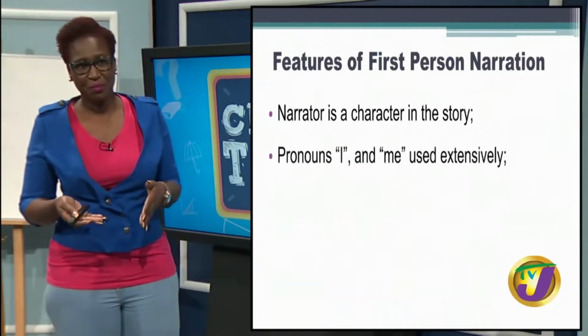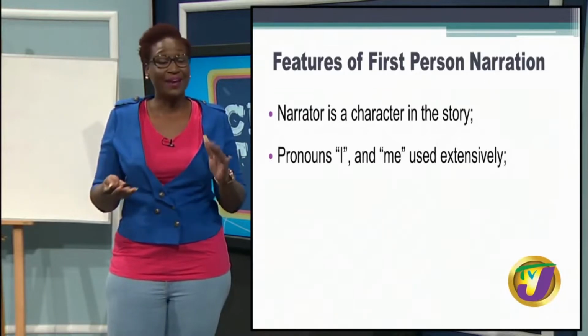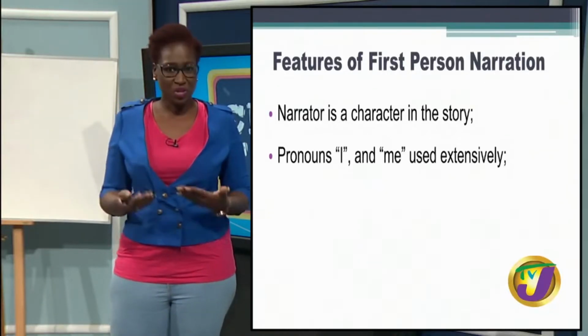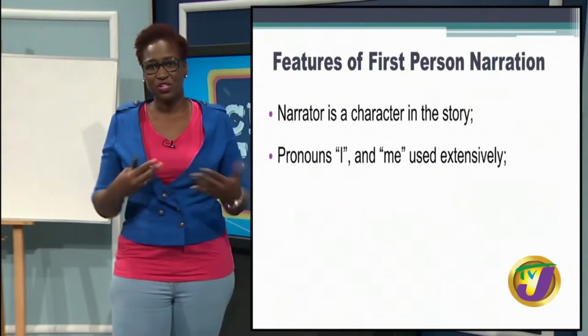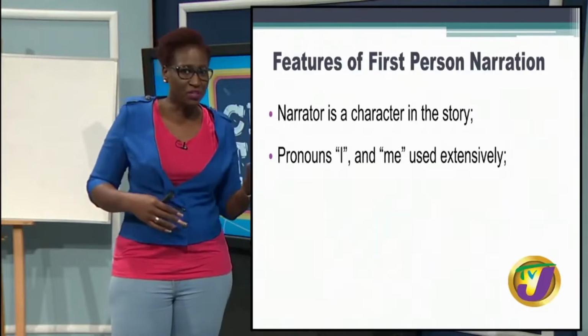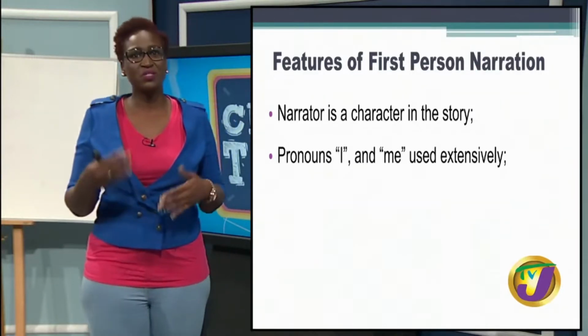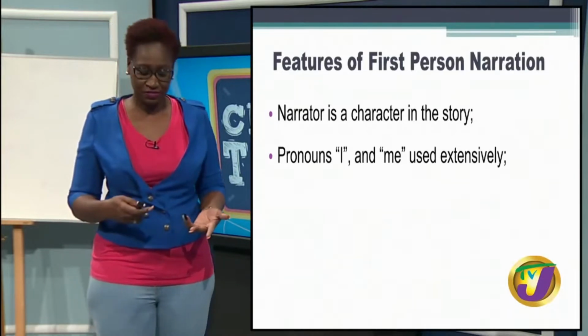The next thing you need to remember, the pronouns I and me will be used most often. So I will do this, I got up, I stretched, I walked out the door, he hit me, she hit me, that sort of thing. So your narrator is going to be in the story, telling you the story from his or her perspective.